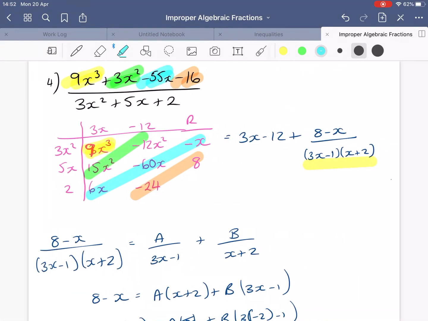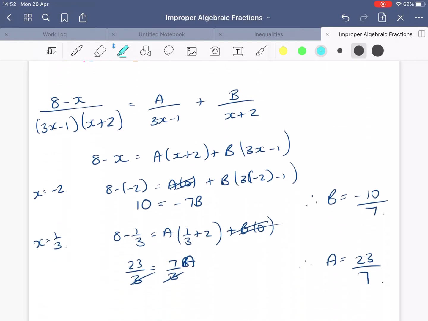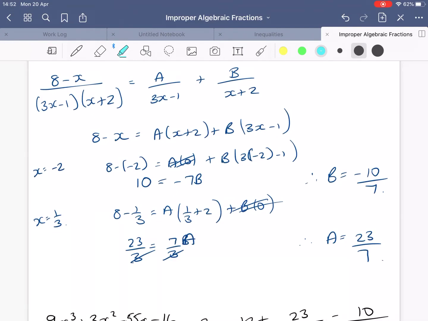And then the final one, again, slightly more complicated, just because the numbers are a bit bigger for a start. And you've got a cubic over a quadratic. Same sort of thing though. Again, I just wrote my remainder as 8 minus x rather than minus x plus 8, but it doesn't matter. Partial fractions on that. Numbers weren't nice on this, but sometimes they're not.